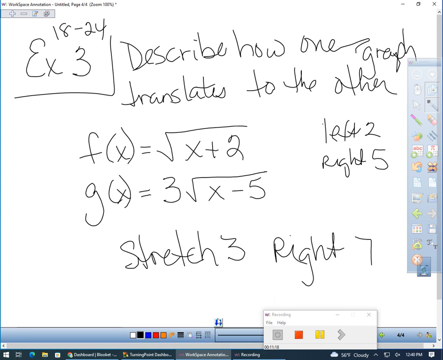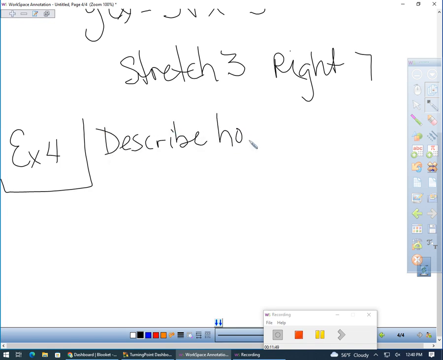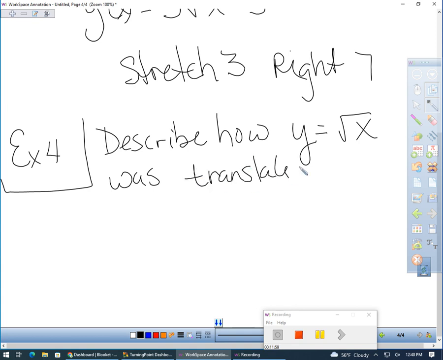All right. Let's go to example number 4. Describe how y equals the square root of x was translated. And I'm going to give you a graph.